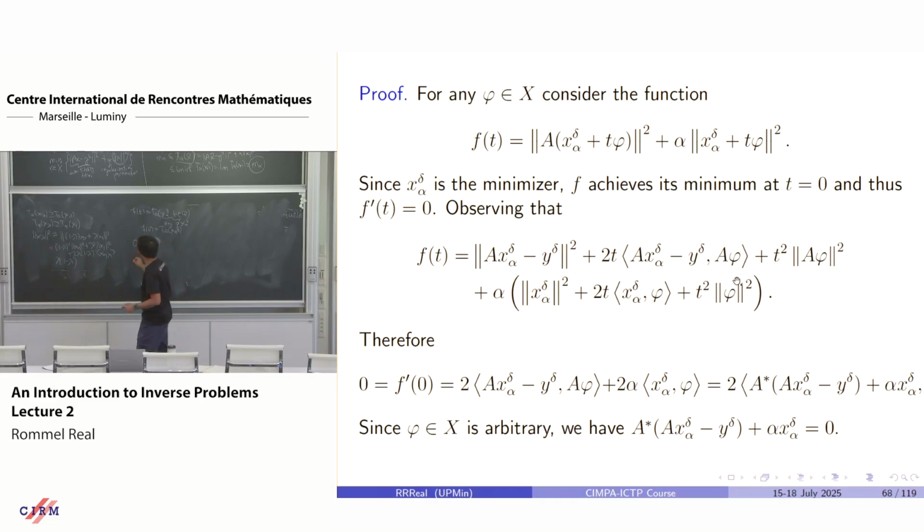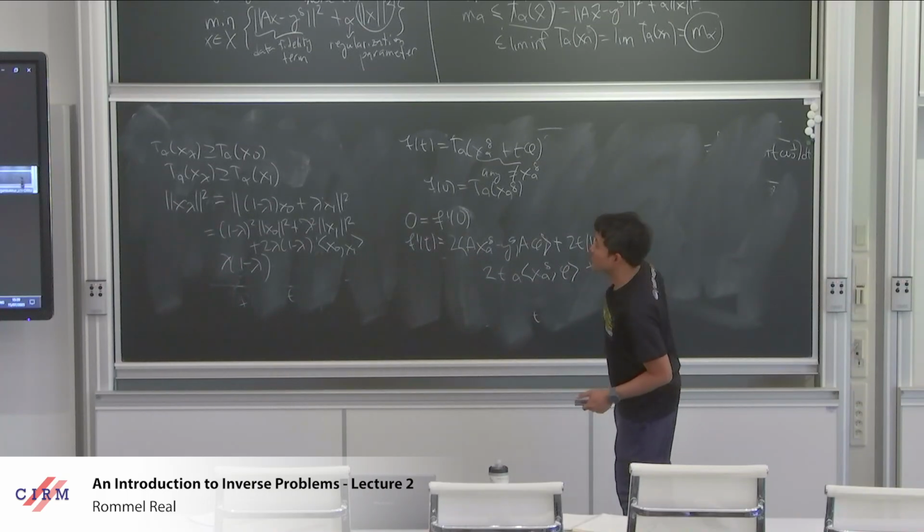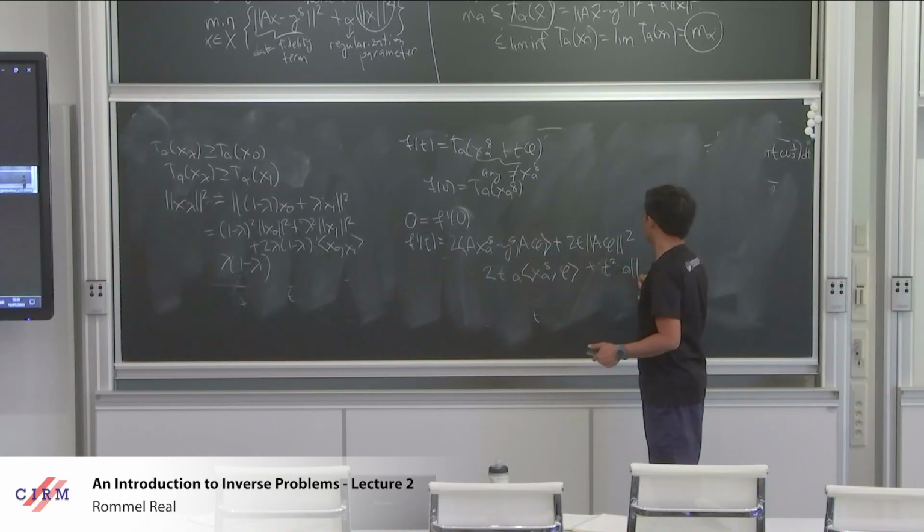In fact, we can show f prime of t is equal to 2 times the inner product there, plus 2 times t, plus what's left here, so that's 2 times alpha, the inner product of x sub alpha delta, plus t squared times alpha times the norm of phi squared.